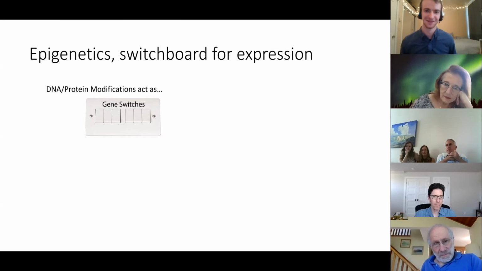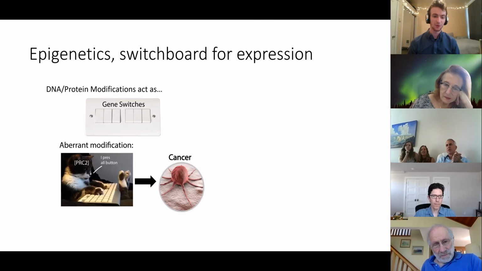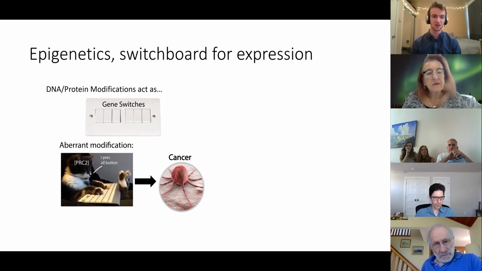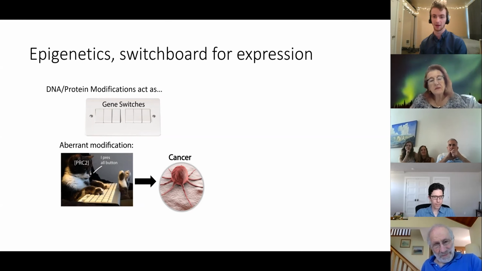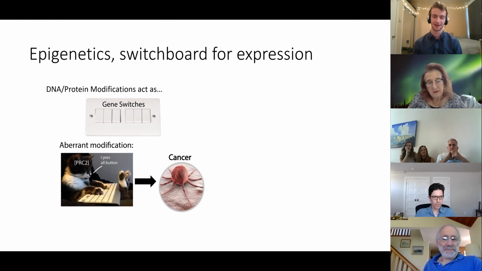It's incredibly intricate, and it's amazing that our body can regulate this at all. And so aberrant modification of these epigenetic markers can lead to, again, aberrant gene expression and cancer.